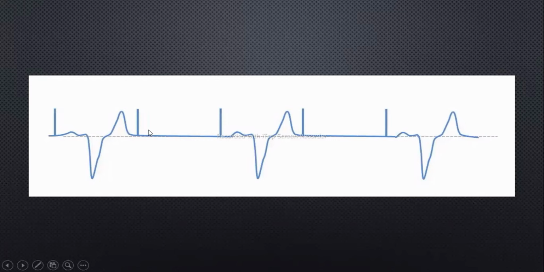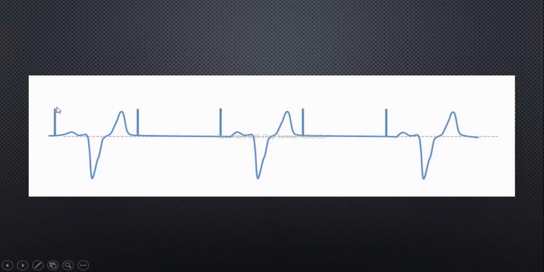No. Between this spike and this spike, there is no QRST, right? Yes. But here, between this spike and this spike, there is QRST, right? Yes. So this one is successful, but this one is not successful. And if you find all the monitor like that, it means not successful.